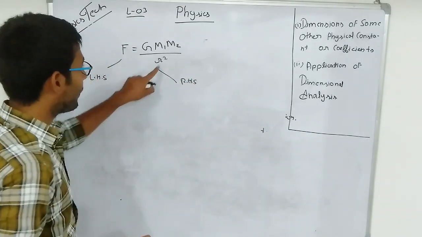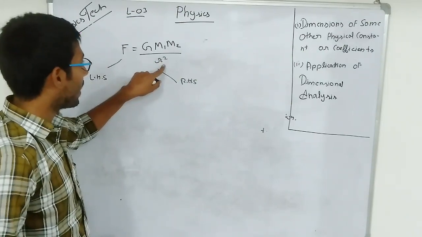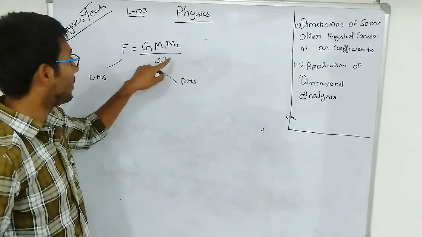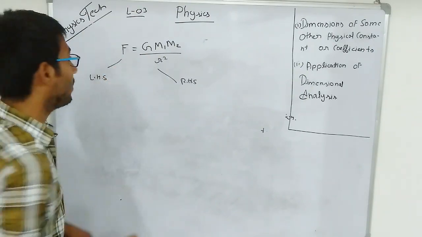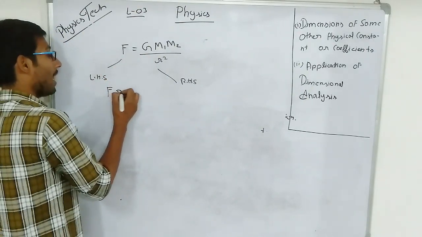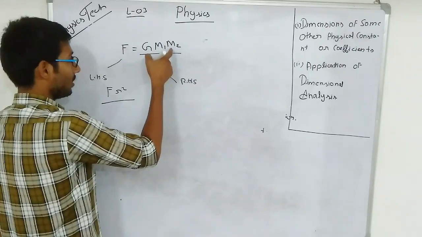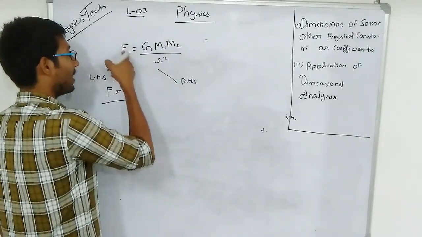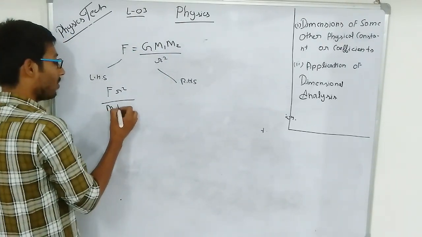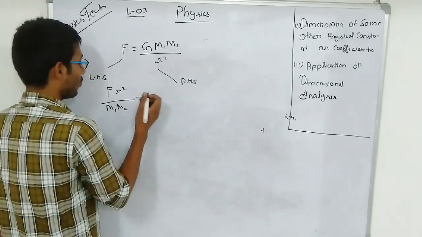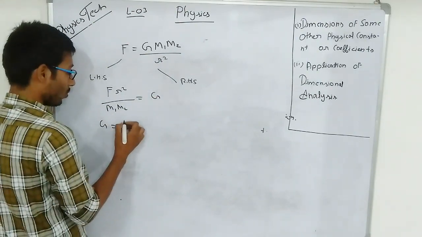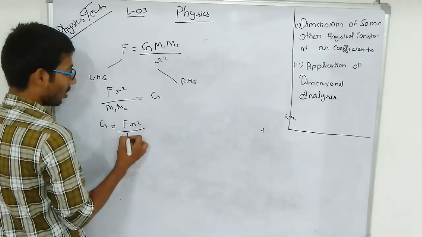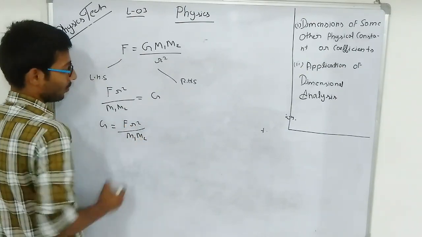In RHS we can see R square in the denominator, so when it moves to LHS, it converts into multiply. So F R square upon M1 M2 is equal to capital G, or capital G is equal to F R square upon M1 M2.